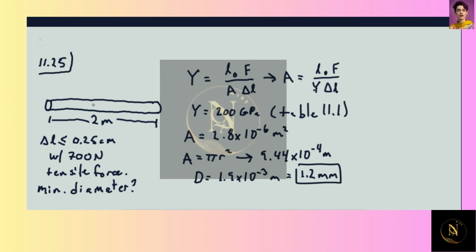So you can see that this is grossly not to scale, because at 1.9 millimeters the aspect ratio of this should be just about 1,000 to 1, but that's difficult to draw.